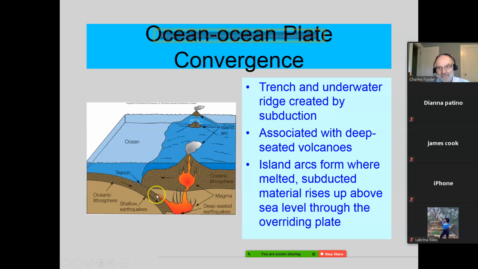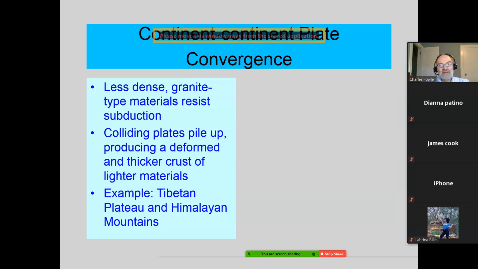Deep-seated earthquakes happen here where these hang up on each other, and deep-seated volcanoes, or volcanoes coming from some of that melted material, make their way up and form underwater volcanoes or above surface, which we call island arcs.